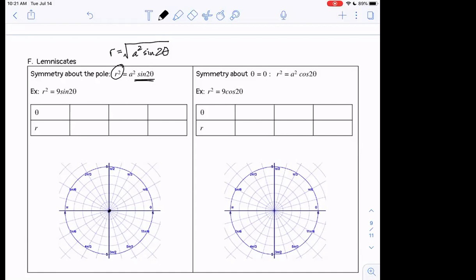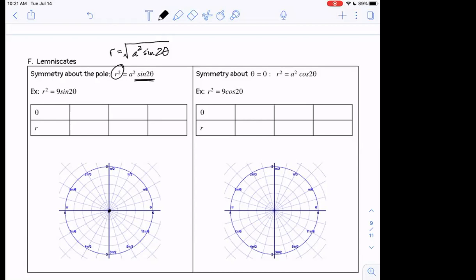So when we draw one petal, this one actually has petals as well, we're not just going to reflect it over theta equals pi over 2, we're actually going to reflect it about the origin, so more of an odd looking function.